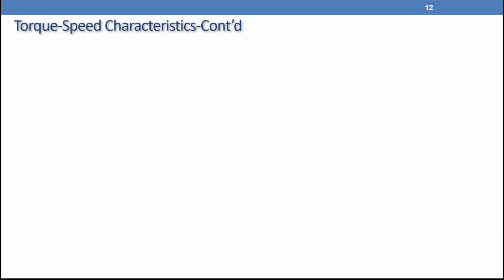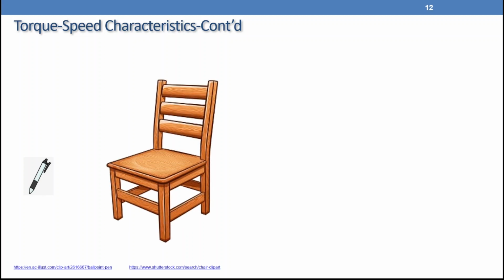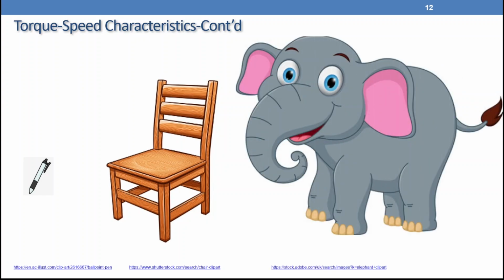Before we plot the torque speed characteristics, I'm going to explain something quickly here. Assume we have a pen like this one. Are you sure that we are in the 3-phase induction machine course? Yes, I deliberately put this slide. If we have a pen like this one, and something like this chair, and something funny like this elephant, we can say that this pen is too small compared to this chair, and the chair is too small compared to this elephant.